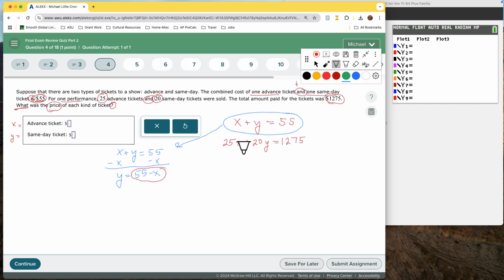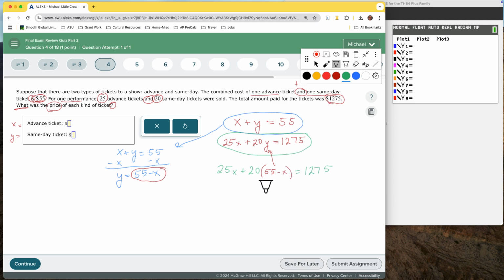So now I take the other equation, take it to the shop and modify it a bit. I'm going to replace this Y with my 55 minus X. So I get plus 20, and we're going to substitute in 55 minus X. That's what Y is equal to. So we can put that in.